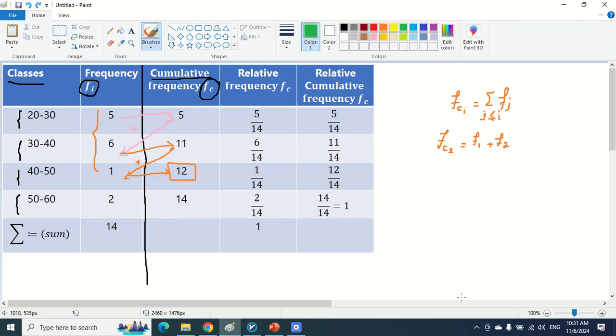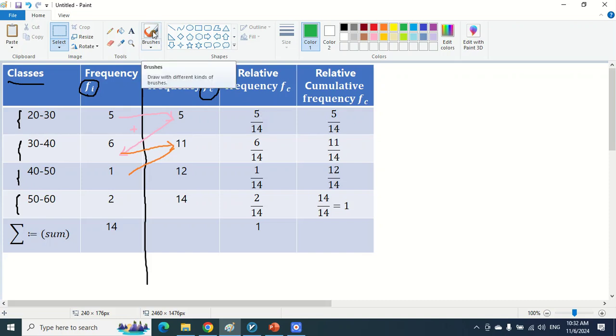For the remaining part, the relative frequency, the name obviously determines its meaning. It means that we should calculate the relation between that frequency and the whole frequencies that we have.